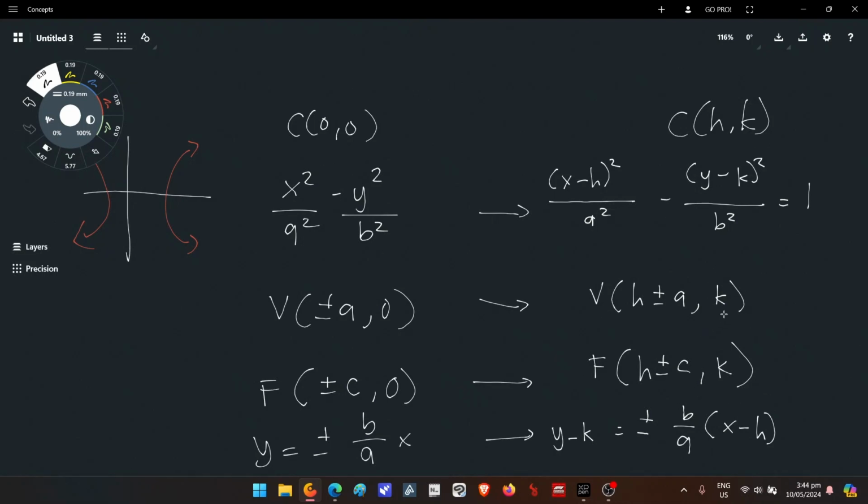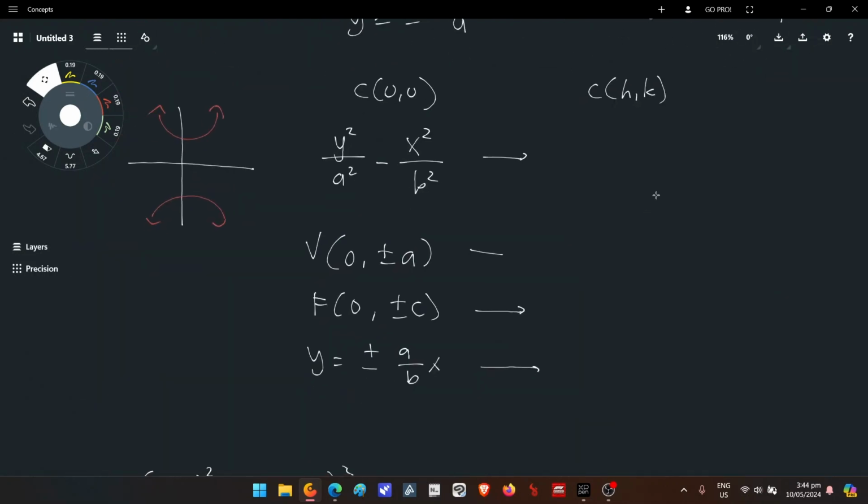The way of remembering this is because h is at x, that's why it's x minus h, and because k is at the position of y, because this is the x coordinate and y coordinate. So k, y minus k. That's a good way for it.